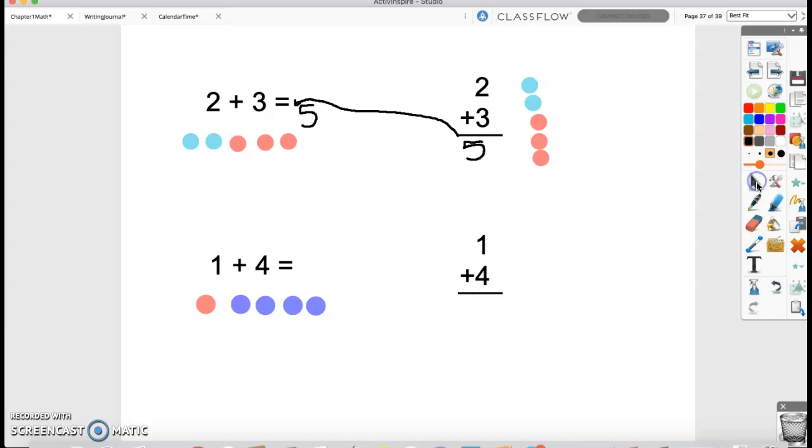So I have 5 altogether. So if 1 plus 4 is 5, therefore, if I do it vertically, it will also be 1 plus 4 equals 5. They are the same numbers, just one is horizontal across and one is vertical.